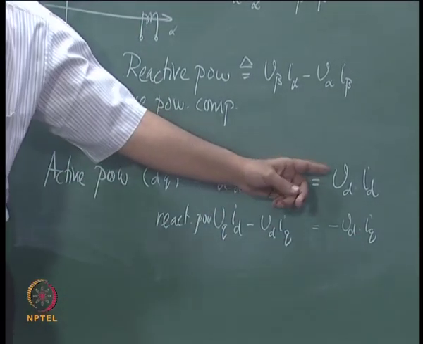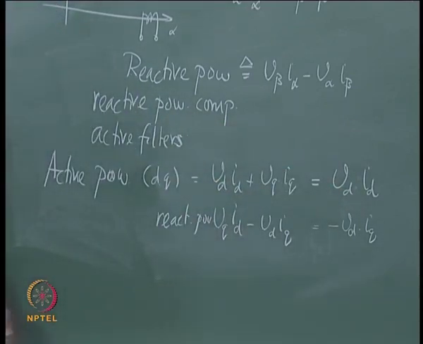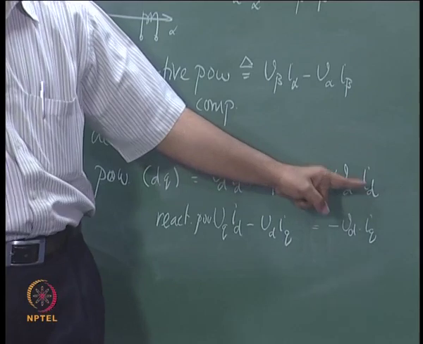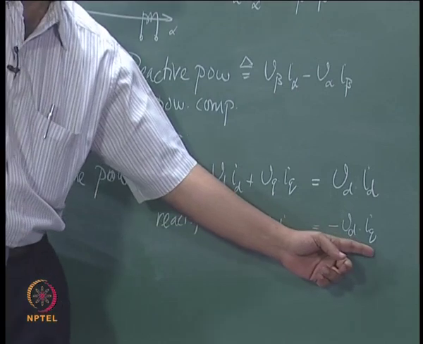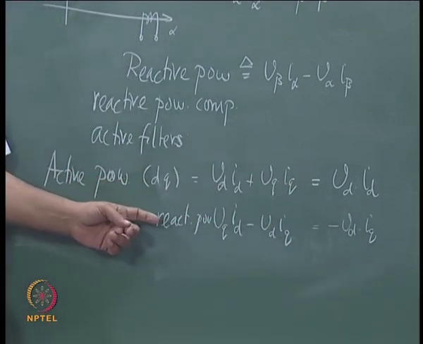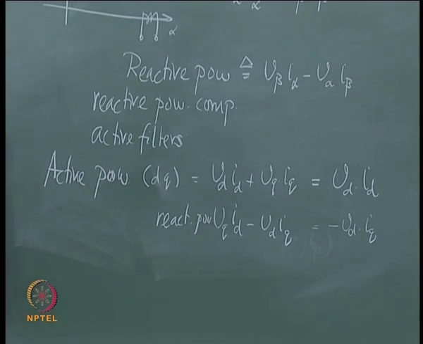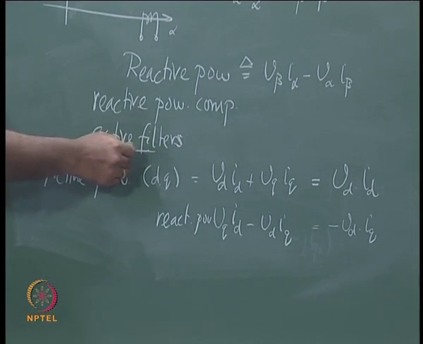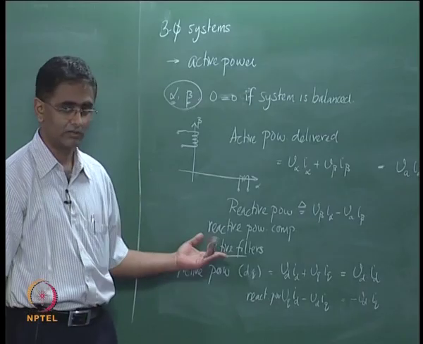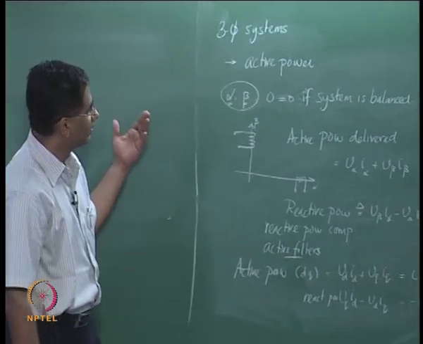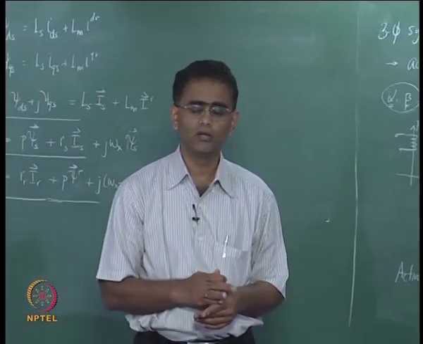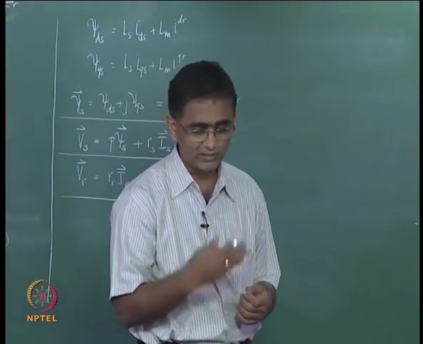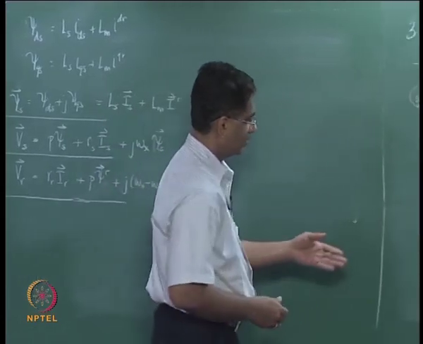So one can now deal with much simpler expressions, and if you are going to control Id, then it directly results in controlling how much active power you want to deliver, and if you control Iq, it amounts to controlling how much of VARs you want to give. So this is an idea that is used in the case of active filters that is widely seen in the literature today. So the use of DQ references goes beyond the normal machine analysis alone, and it has influenced other fields of study as well.